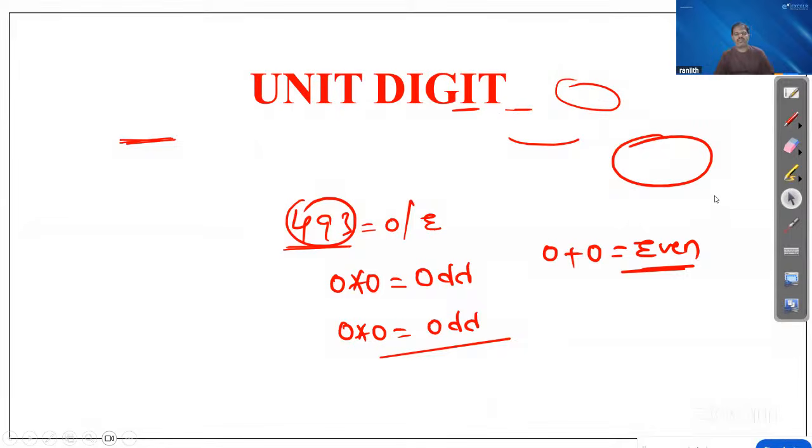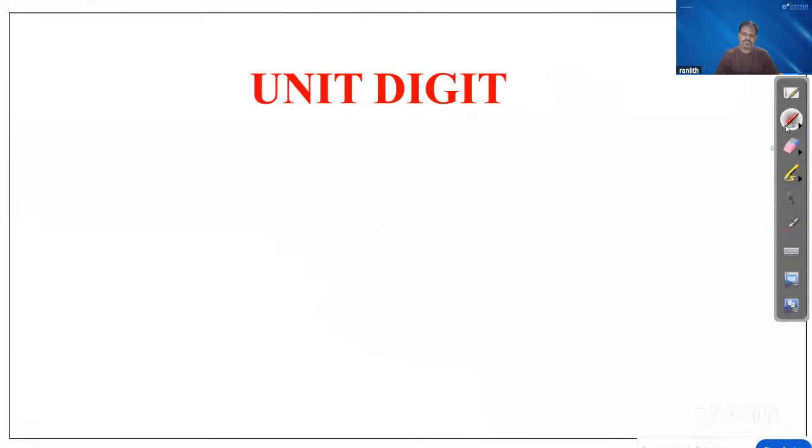Next will be unit digit. What do you mean by unit digit? Out of 1, 2, 3, 4, 5, what is the unit digit? 5 is the units place. Next, 11 into 11.